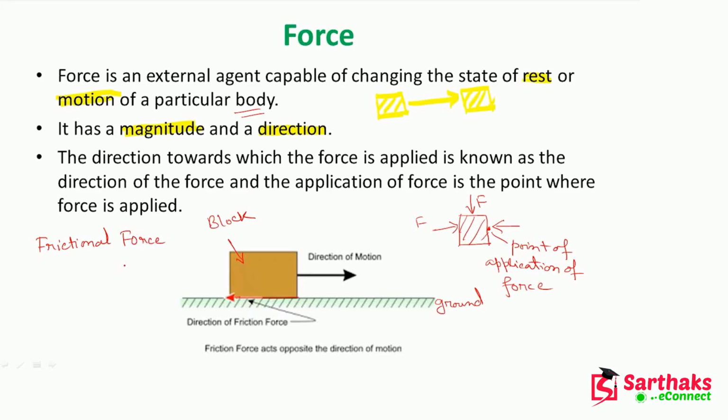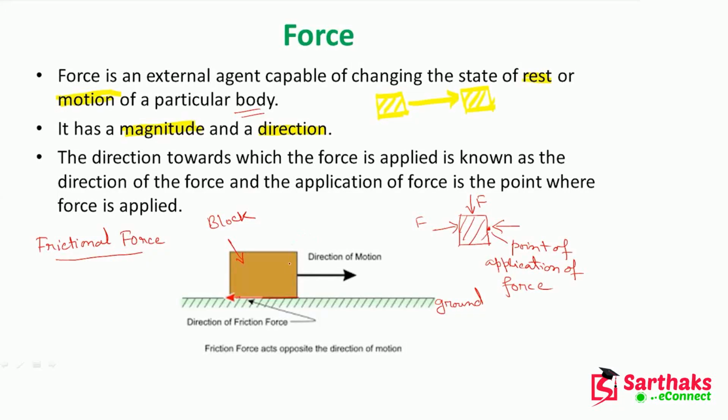You can see that whenever you want to slide some block or some object on a very polished floor, then you have to apply less amount of force. But if you are moving any object just on the ground, at that time you have to apply much more force. That is only due to the frictional force.